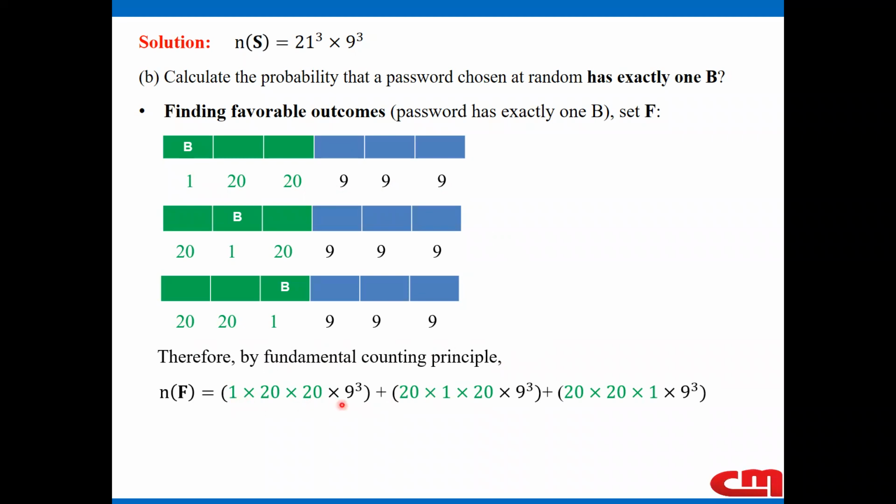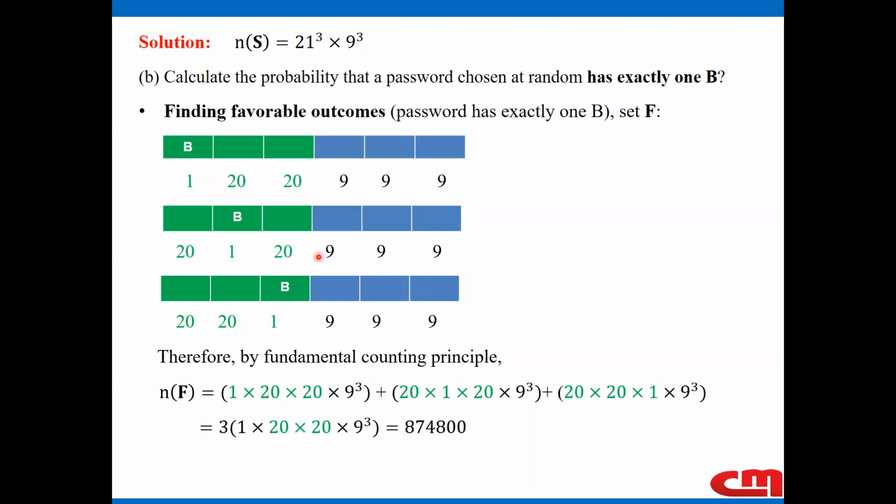So this is the first possible arrangement, second possible arrangement, third possible arrangement, but they give the same result. We know that repeated addition of the same number can be converted to a multiplication by counting how many times you are adding the same number. So here we are adding it 3 times, so it is the same as 3 times the same number we are adding, which is this one, and this reduces to this figure.